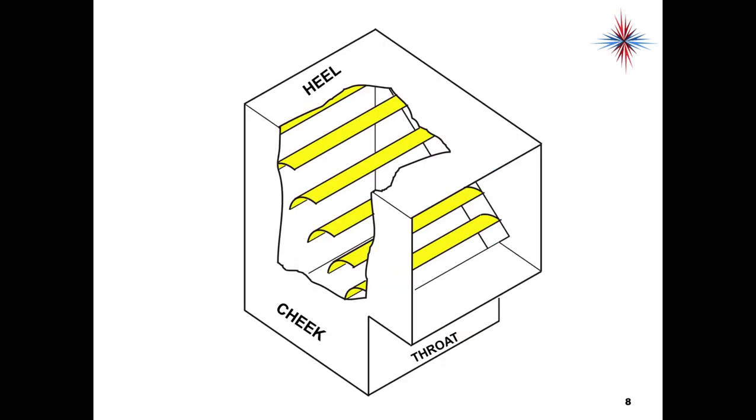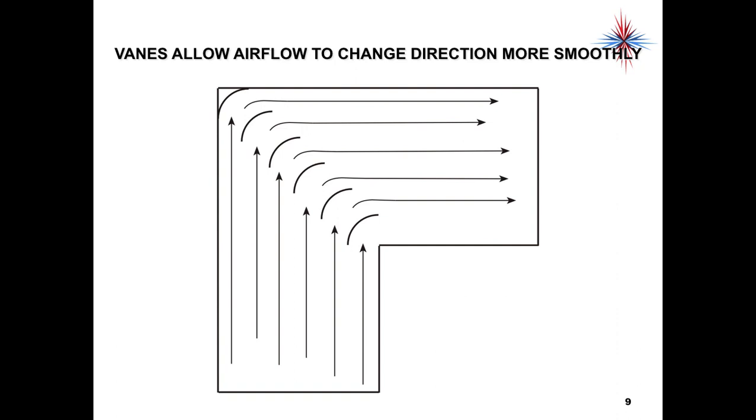Now, I can also use what we call turning vanes. So again, we have the cheek, we have the throat, we have the heel, but inside of this, we've added something new. We've added turning vanes. Turning vanes make a small radius throat elbow work.